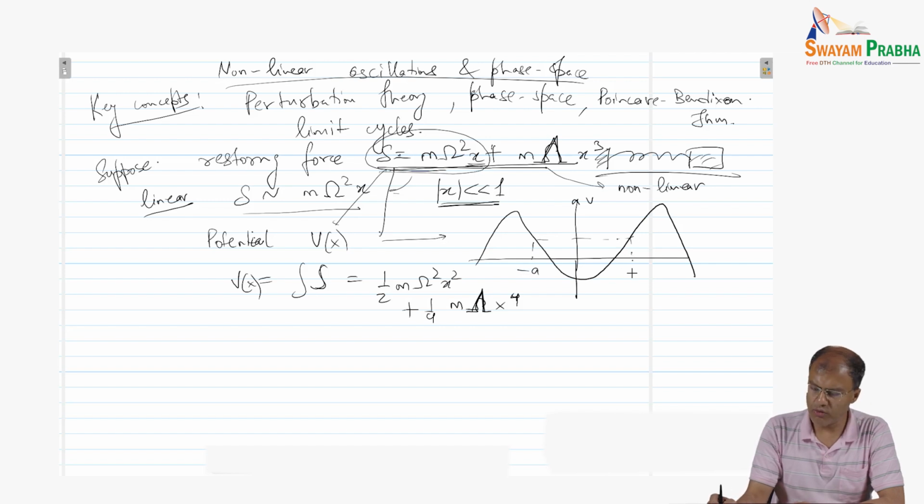The well extends from minus a to a, and we have the energy E, and of course we expect the potential maximum to be V max. If the system is within this well, it is going to oscillate, and if it goes beyond this well, it is not going to oscillate.